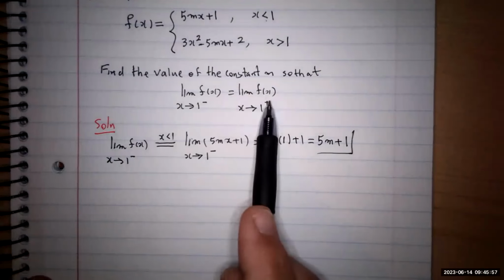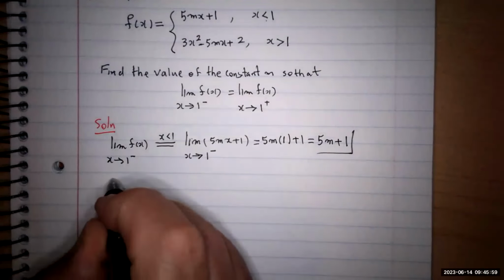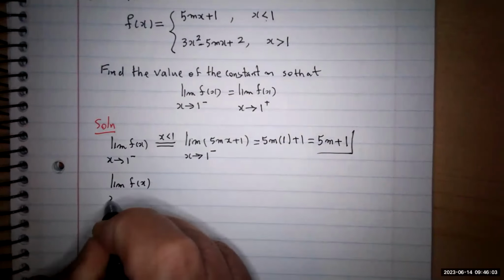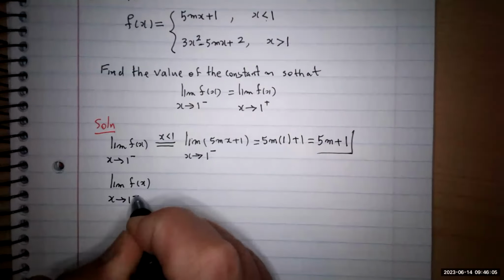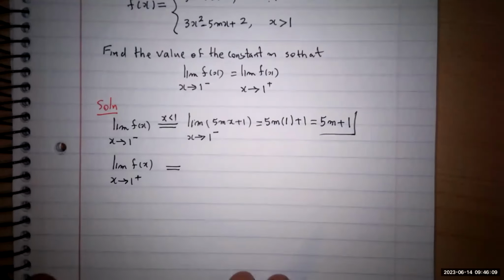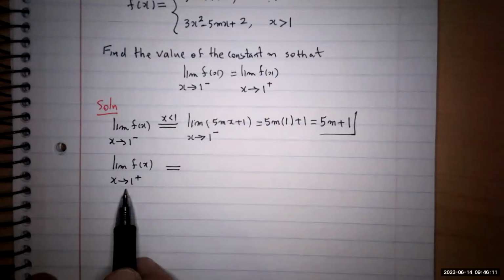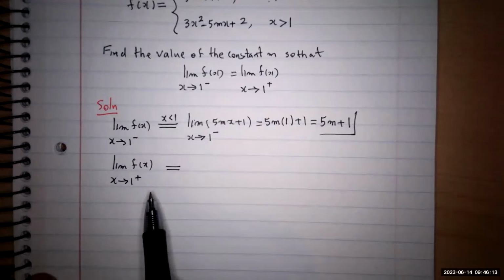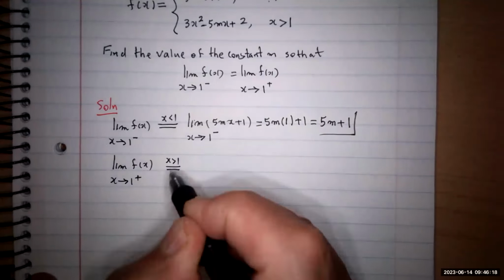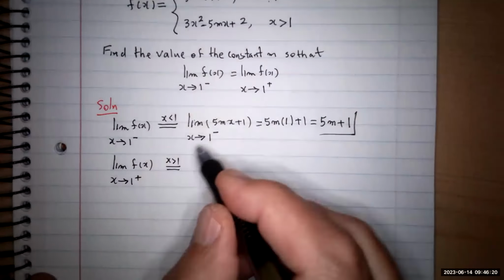Now find the right one. Limit of f of x as x goes to 1 positive. Again, remind yourself, you don't have to write it down: x goes to 1 positive means from the right, so x is greater than 1 this time. So the function to be used is the second part.